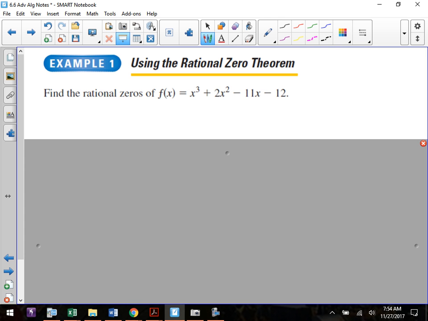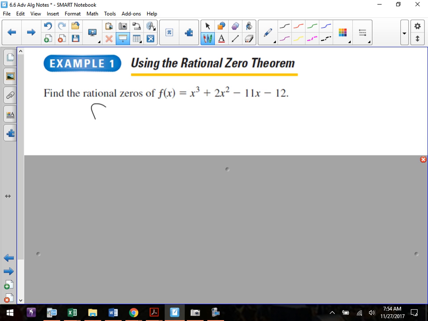It's -12. So what I do is I look at all the factors of -12, and I divide that by all the factors of the coefficient up front. What's the coefficient up front? 1. Okay. So basically what this means is that I'm looking at the factors of my end divided by my factors of the front.